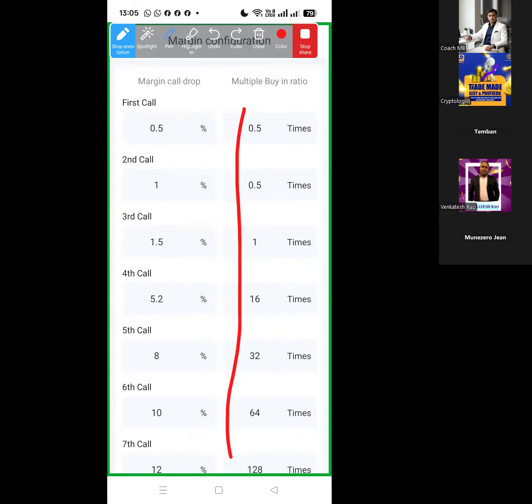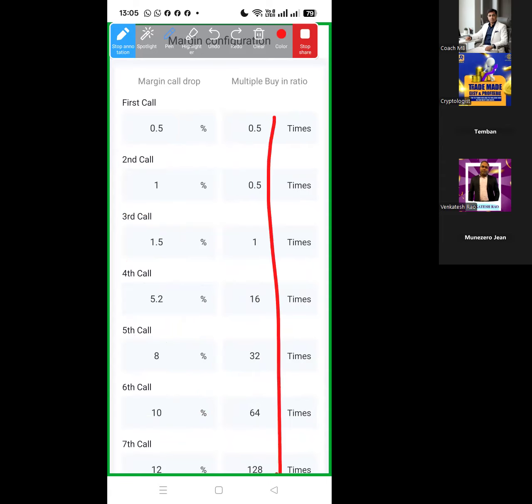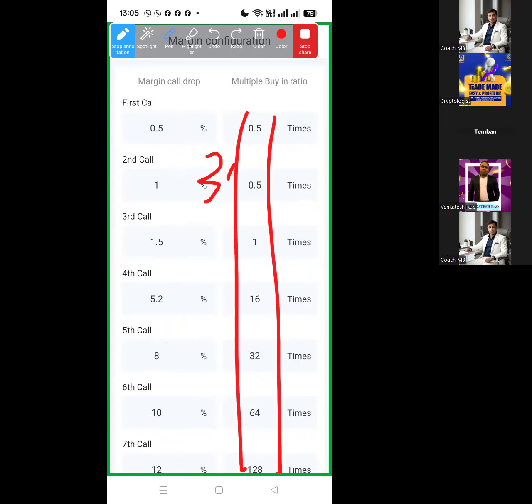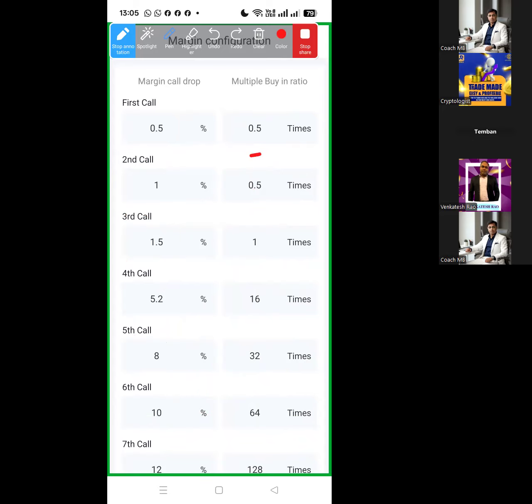In the same way, you must add up all these numbers that you have put. Don't ignore it, because these are the times that you want to buy in your margin calls. So whatever the total comes to, suppose, for example, the total of all these times that we add up here comes to 30 times, right?